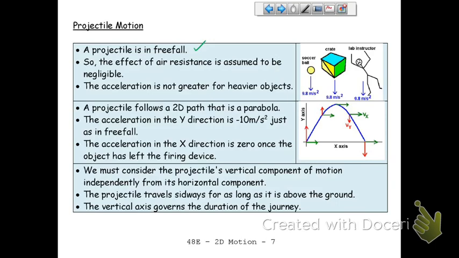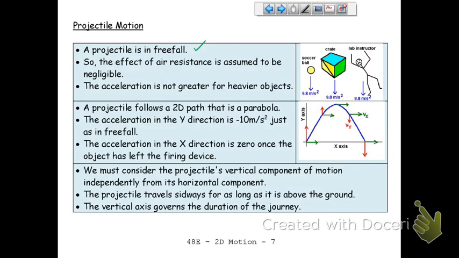A cannonball is a projectile once it leaves the cannon. If I run and dive off the edge of a building, I'm a projectile once I leave the building. If I kick a football, the football is a projectile once it leaves my foot, because once it's left my foot, the only thing acting on it is the acceleration due to gravity.